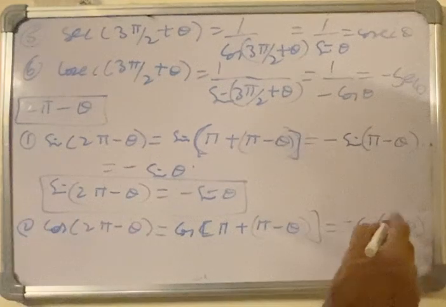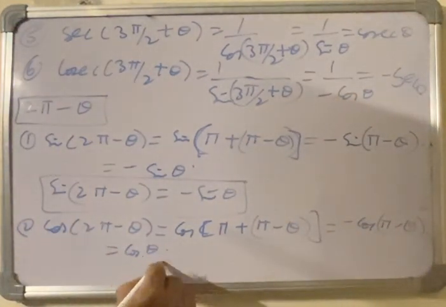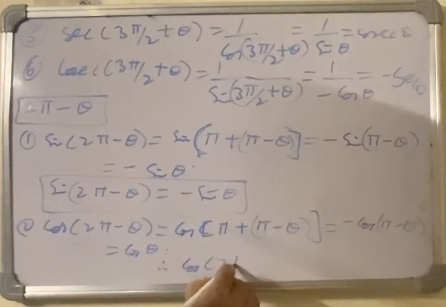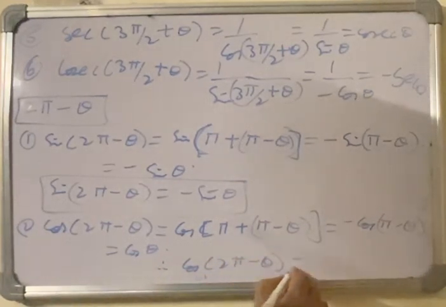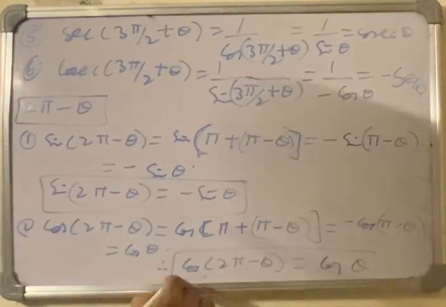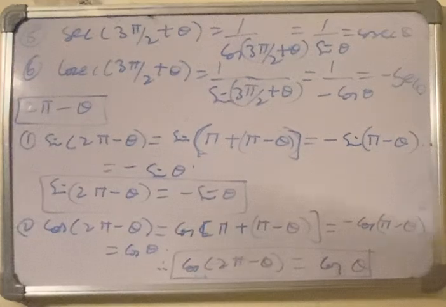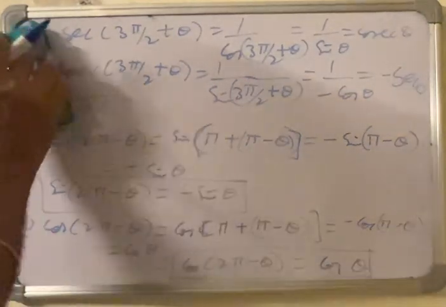In second quadrant cos is negative, negative is positive, cos theta. Therefore cos 2 pi minus theta is equal to cos theta. Cos is positive in fourth quadrant in case of angle 2 pi minus theta. And it does not change. Cos remains cos.